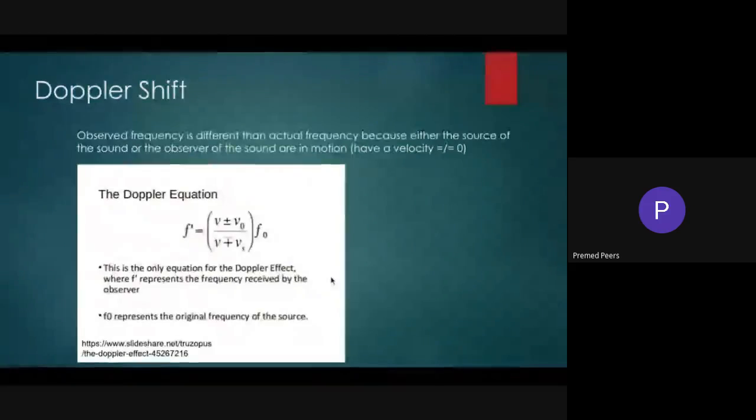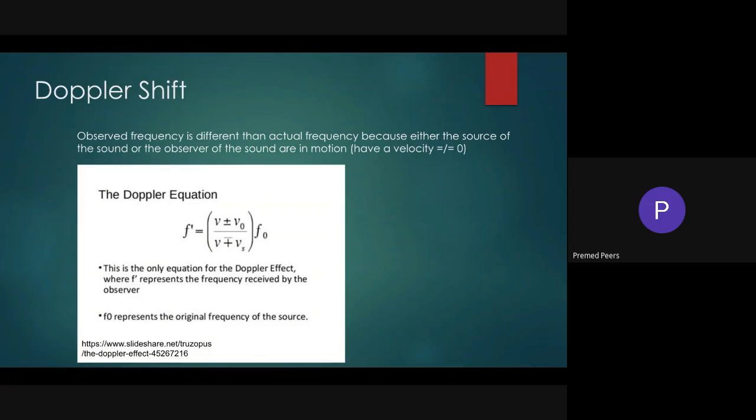And then for the VO, you add it when it's coming closer to the source and subtract it when it's getting away from the source. So that's why you see it's plus minus minus plus because they're opposite. So VO you add when they're getting closer, and VS you subtract when they're getting closer. And that just has to do with the equation. One is in the denominator, one's in the numerator.